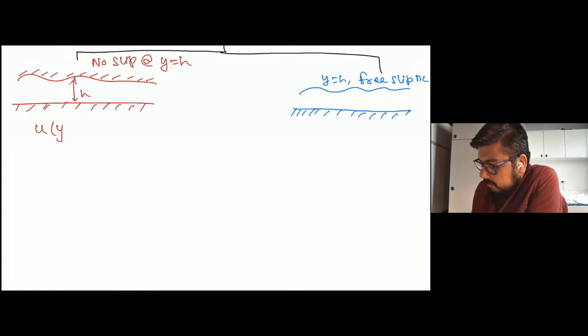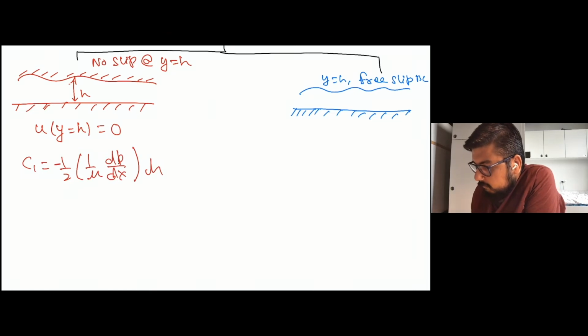For the first case, we have u at y equal to h is 0, which means that c1 is equal to half of 1 by mu dp/dx h with a minus sign, of course. And then we get u equals 1 by 2 mu dp/dx (y squared minus yh).